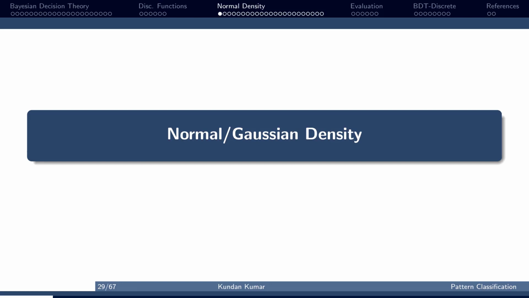If we consider the MNIST data set, the data are contaminated with noise, and that noise follows the Gaussian distribution. So it is very important to study this kind of distribution.